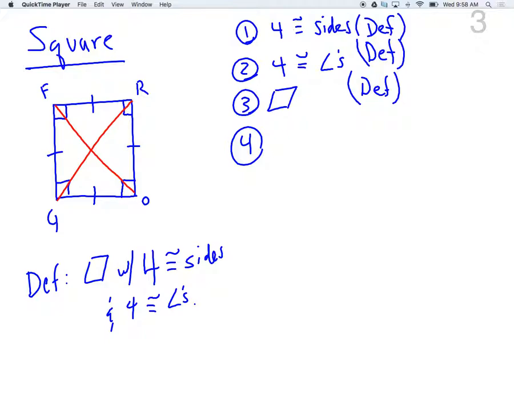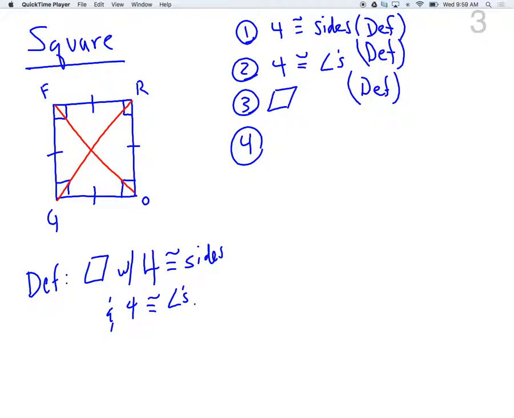Every square is a rectangle, but not every rectangle is a square. Say again? Every square is a rectangle. Why? Because a square is a parallelogram with four right angles and all diagonals are congruent.